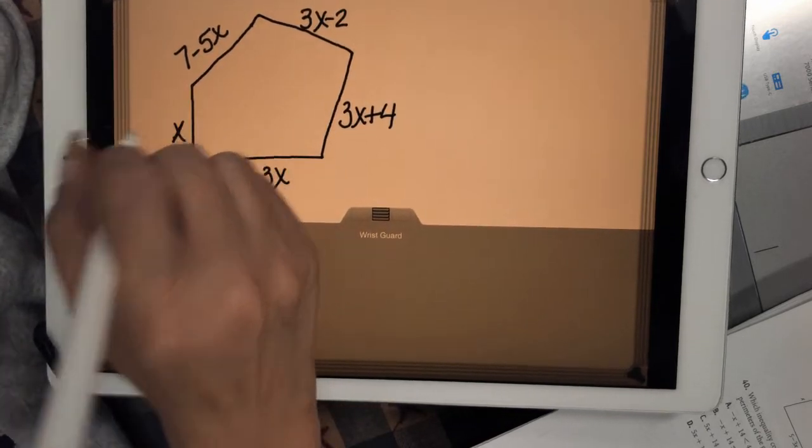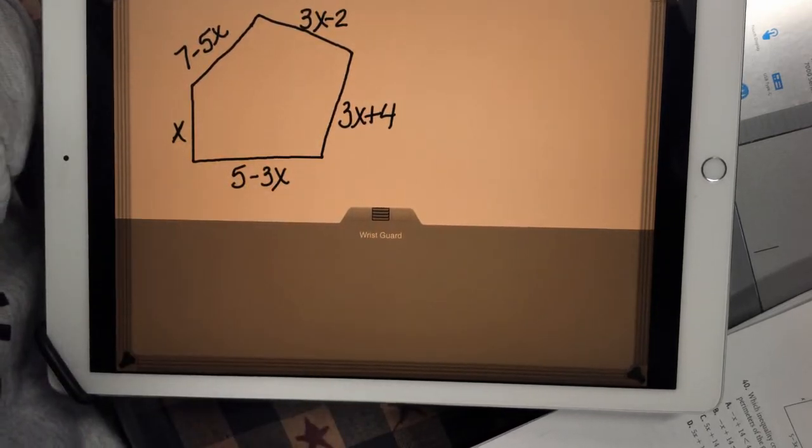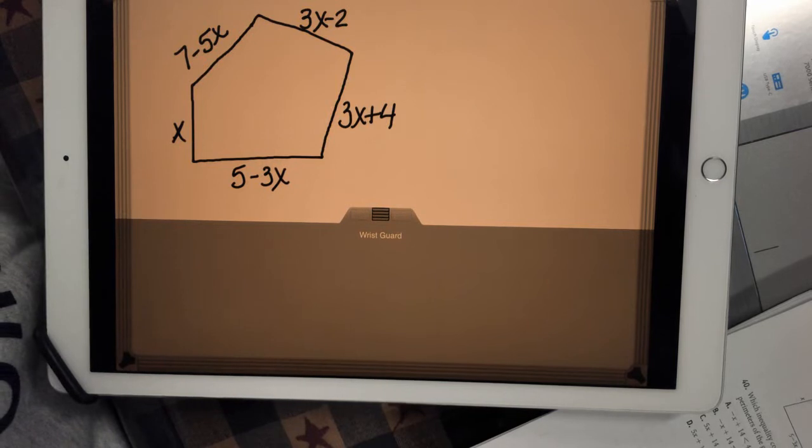The question is, Mr. Hernandez has 41 feet of rope to enclose a pentagon grazing area for his sheep. He makes a drawing below. Use the information in your drawing to answer the following questions.